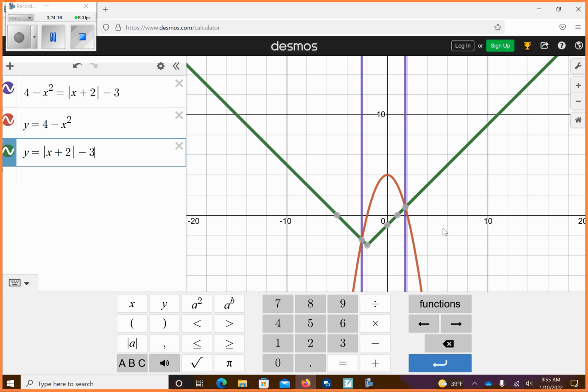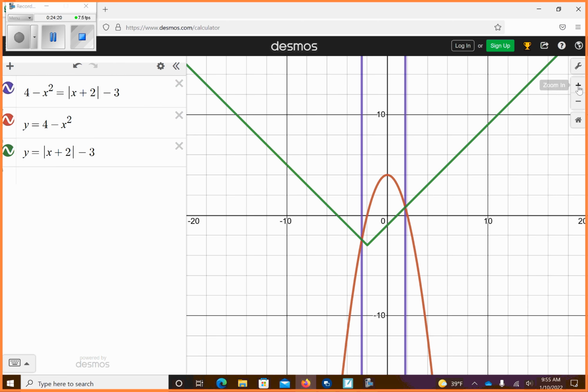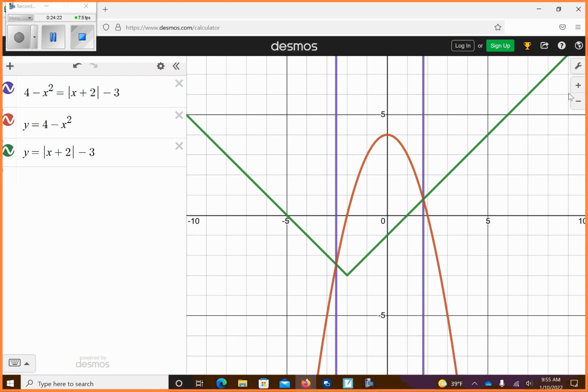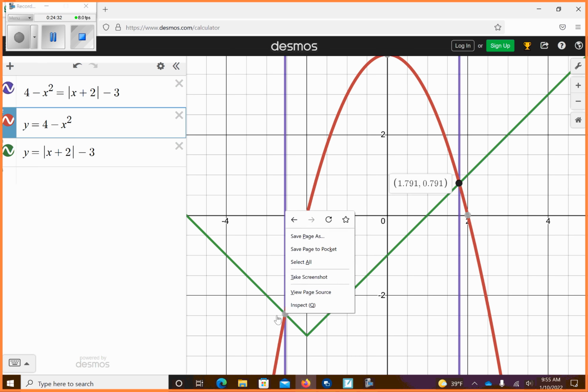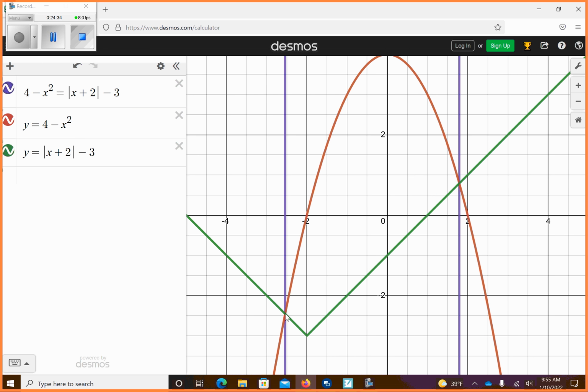And we can zoom in on that a smidge. Do you feel comfortable with those?